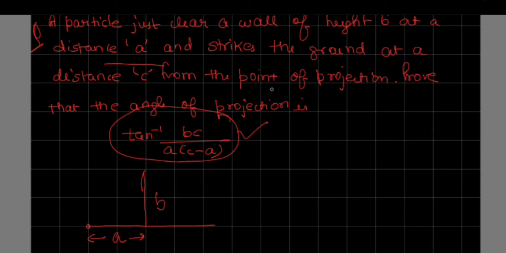Okay, now it just gets projected, so a projectile motion, that means a parabola, and the distance from the point of projection to the total distance is the value c, right? A, B and C. Now we have to find out the angle of projection.